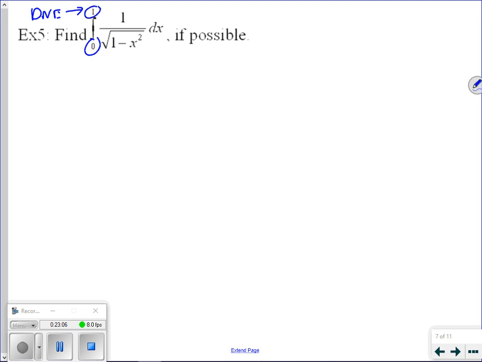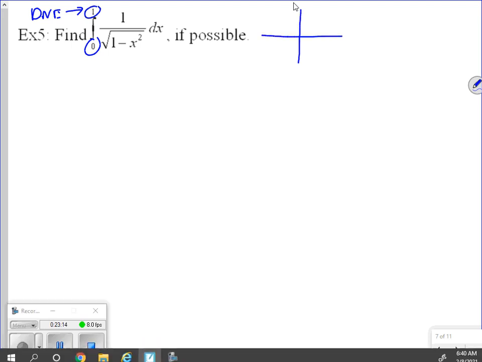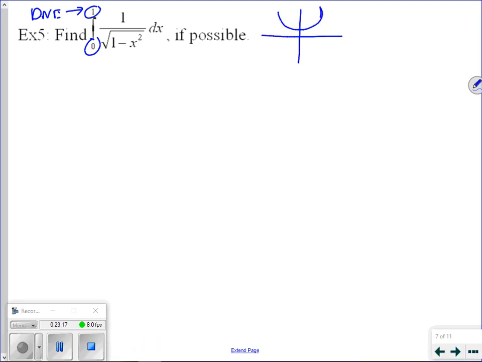I'm not entirely sure what 1 over the square root of 1 minus x squared looks like. When I graphed it, it made some weird looking shape, but at 1, it was some vertical asymptote looking thing. But the point is from 0 to 1 here, the endpoint is undefined.